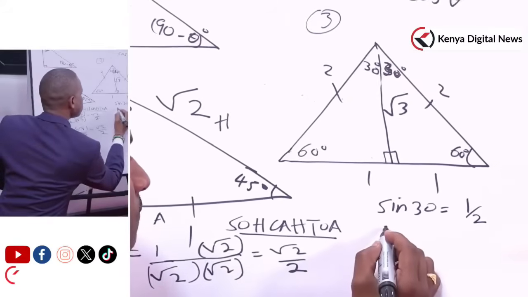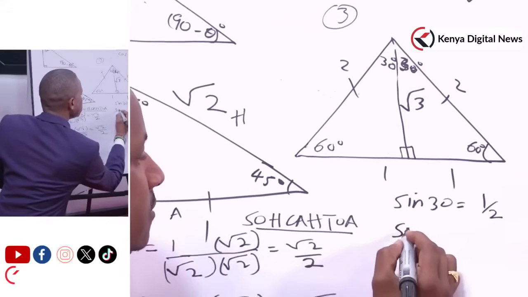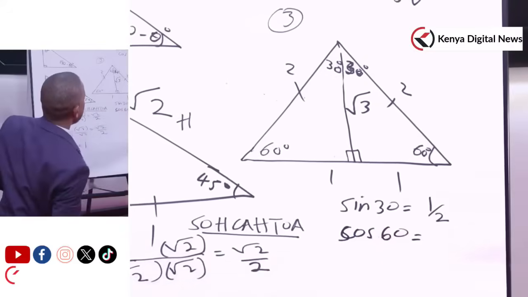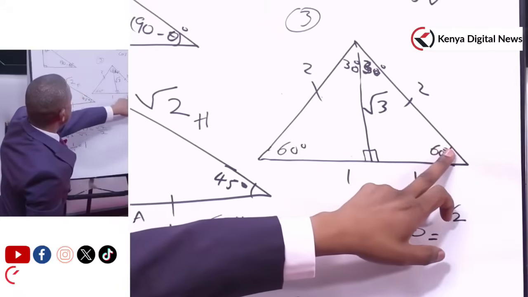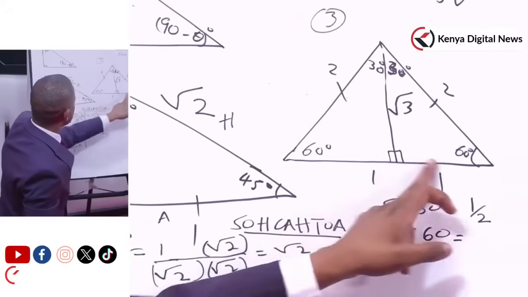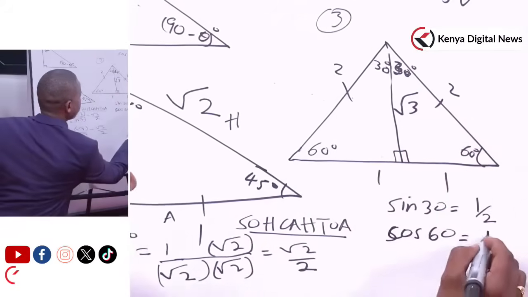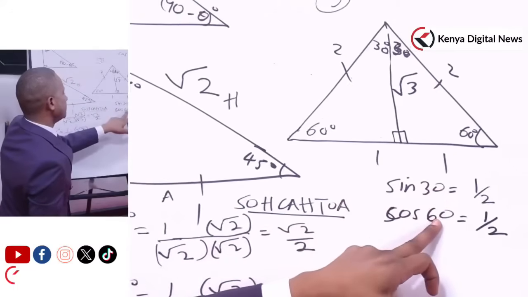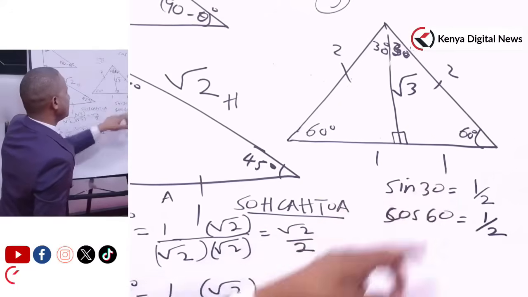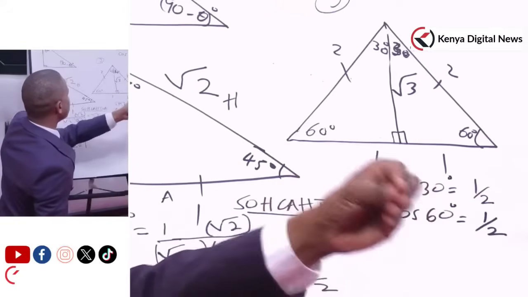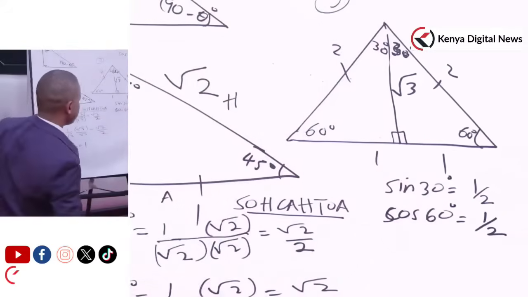Then we go to cos 60. Cos 60 equals adjacent, which is 1, over hypotenuse, which is still a half. So you realize that sine 30 equals cos 60. Therefore, 30 degrees plus 60 degrees equals 90. We will come back and solve this.